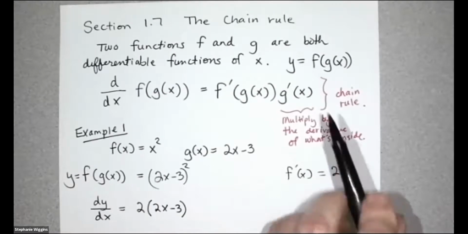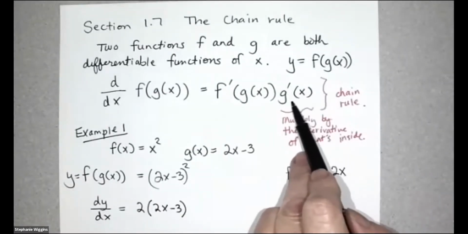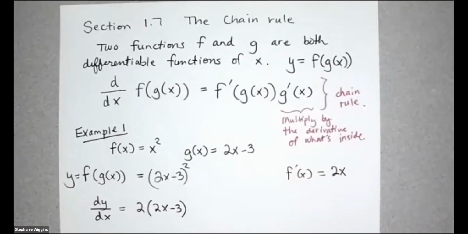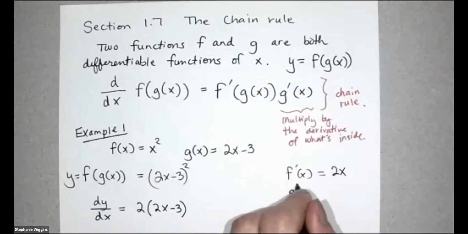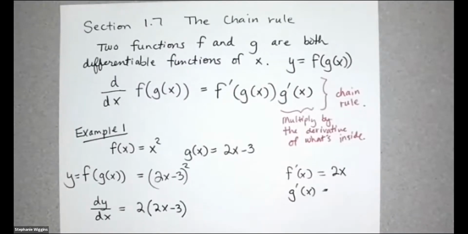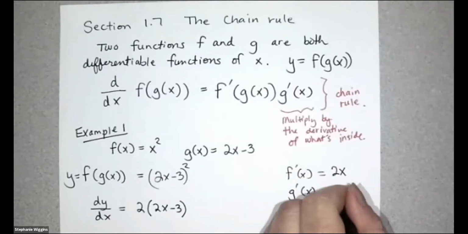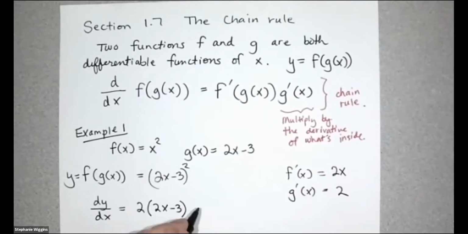But by the chain rule, we have to multiply by the derivative of what's inside here. And the derivative of the g function, this is a linear function, the derivative is just 2. So now we have to multiply. I'm going to do it in red just to highlight the fact that we are multiplying by this 2 there.